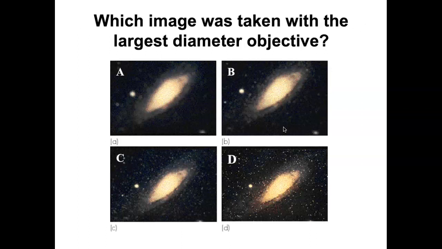Which of these images was taken with the largest diameter objective mirror? Well, having a larger objective mirror means that you're able to see smaller and smaller details. So the largest diameter must give you the most clear, most detailed image, which is D.